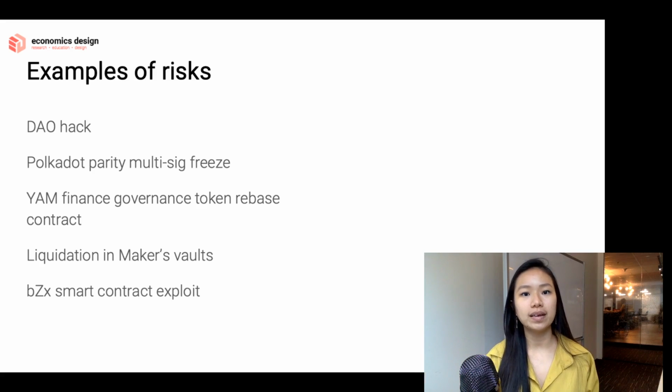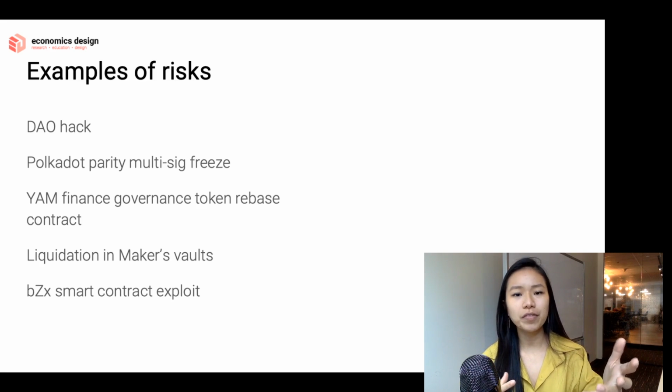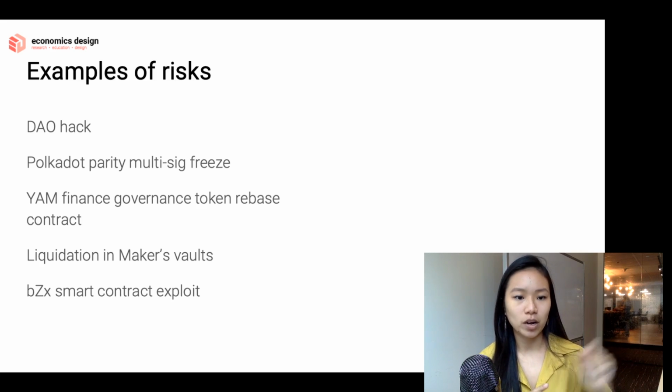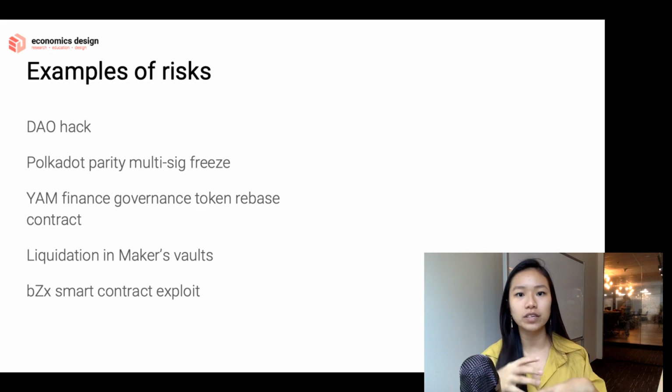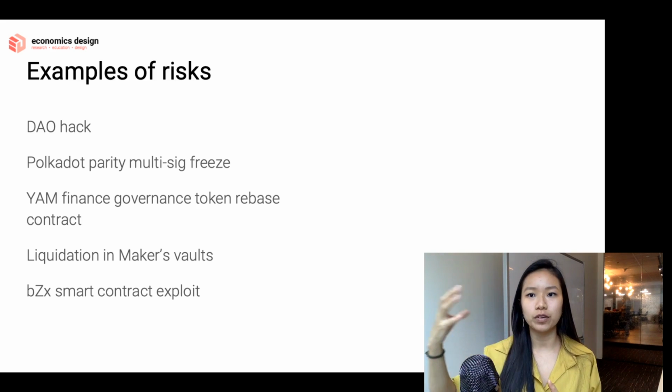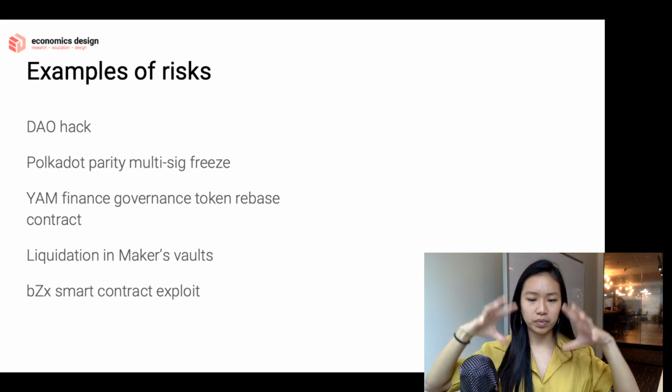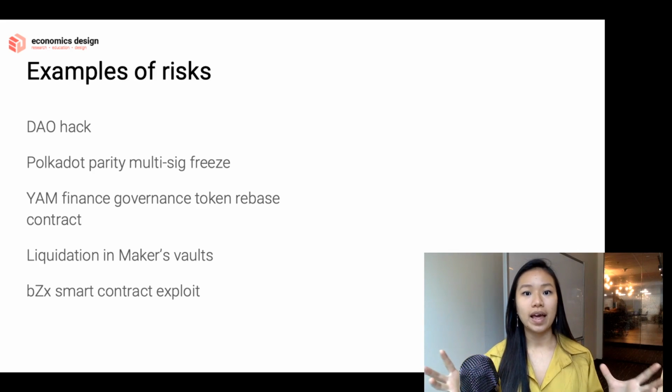And lastly, you have the bZx smart contract exploit, where this person, not even a hacker, just someone who exploited the smart contract, got a lot of money for very little money. So these are some of the risks available. Some can be bugs in the smart contract, some can be exploited by malicious hackers, some can be the governance structure, and some can be external systems that have issues.